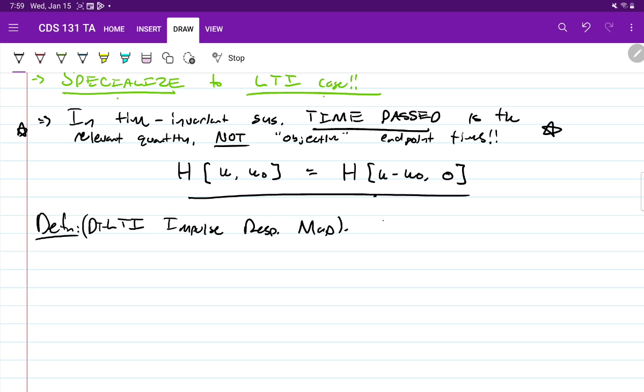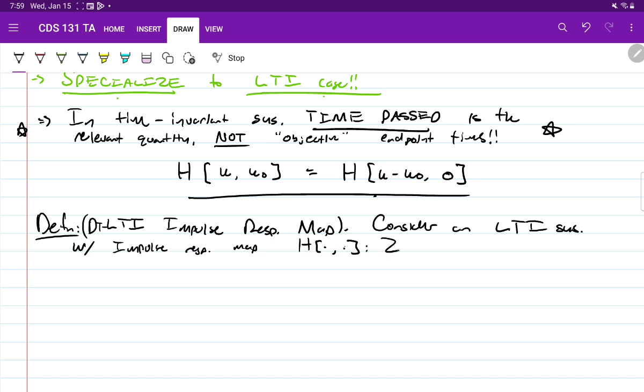Consider an LTI system with impulse response map H, which takes in 2 arguments. This goes from Z cross Z into the space R^(p by m). So this was what we defined for the linear time varying case. Now I'll define the linear time invariant, a special impulse response map.